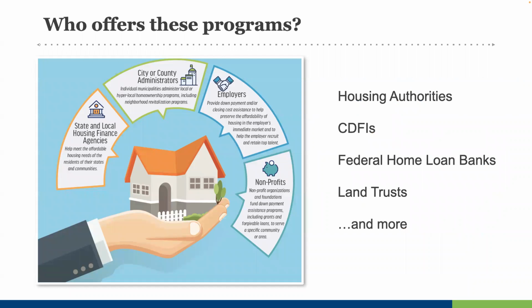So who funds and administers these programs? I mentioned every state has at least one housing finance agency. City and county governments often have community or economic development departments or housing authorities. A number of nonprofits like NeighborWorks and Neighborhood Housing Services and others operate in markets across the country with varying programs.